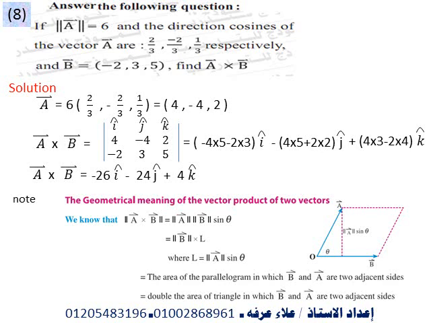the geometrical meaning of the vector product of two vectors.